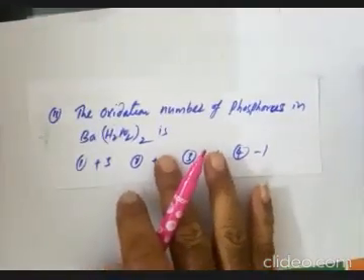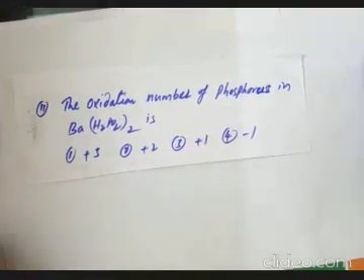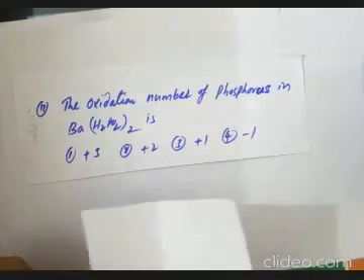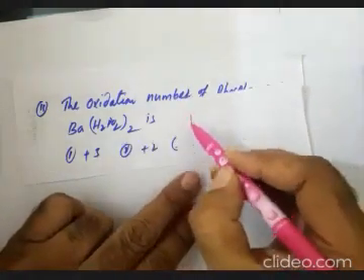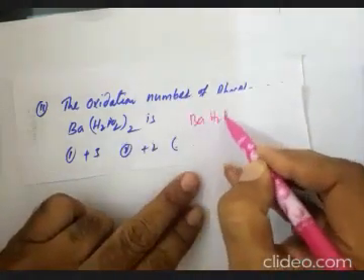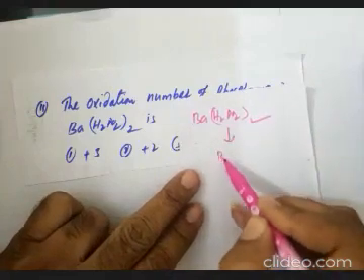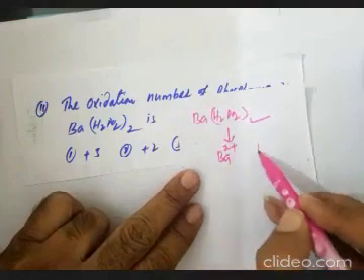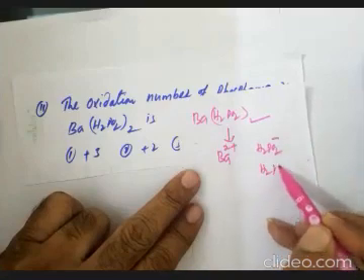Next one, the oxidation number of phosphorus in Ba(H2PO2)2. You can get the answer by routine calculation also. You can split: barium belongs to the second group, always shows +2, and H2PO2 taken twice is -1.